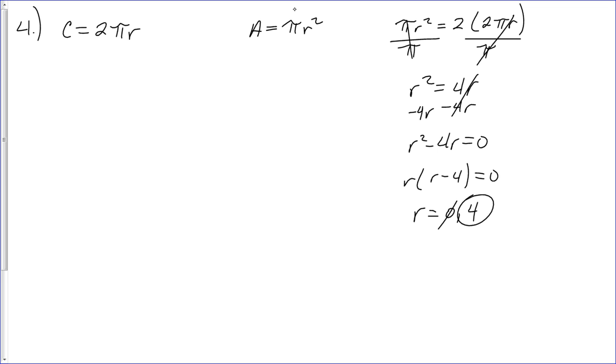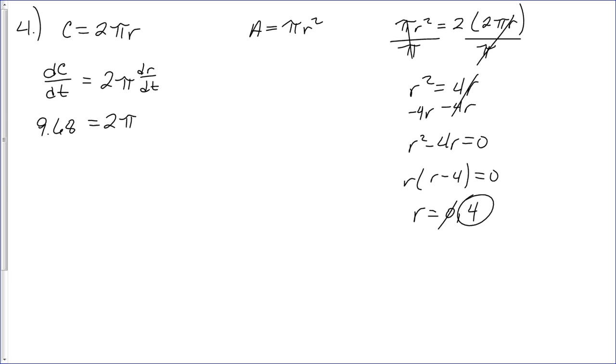All right. Now, since we're looking for how fast the area of the circle is changing, we're going to leave this equation alone for now and go to this one. We're going to take the derivative of the circumference equation. So dc/dt equals 2 pi, derivative of r is 1, dr/dt. We know dc/dt is 9.68 inches per minute.